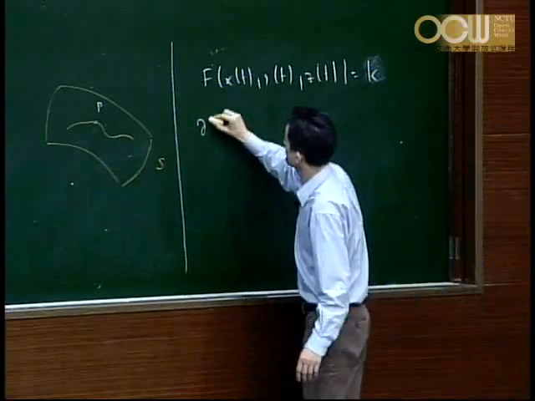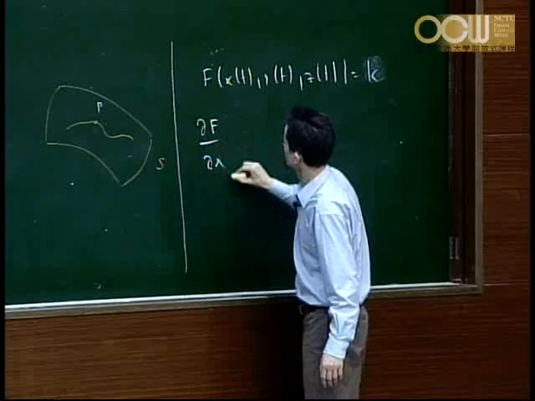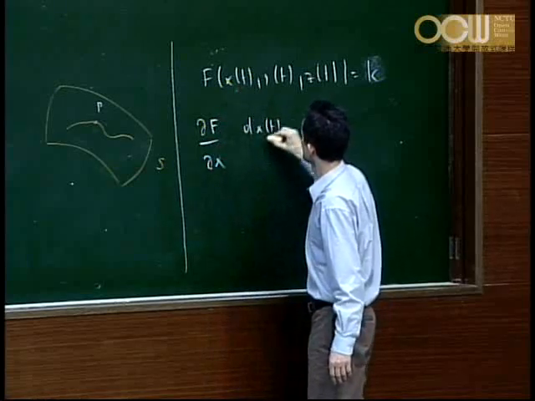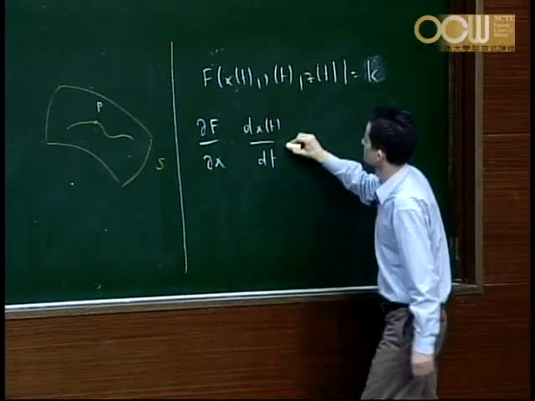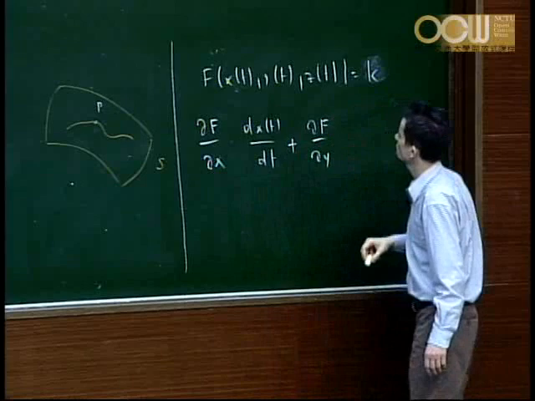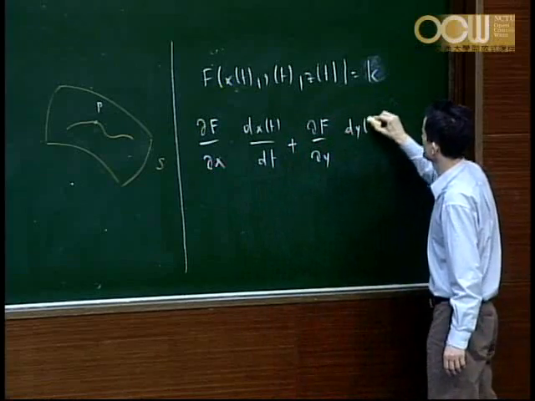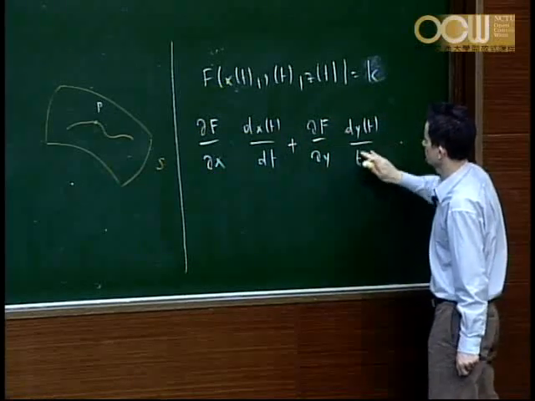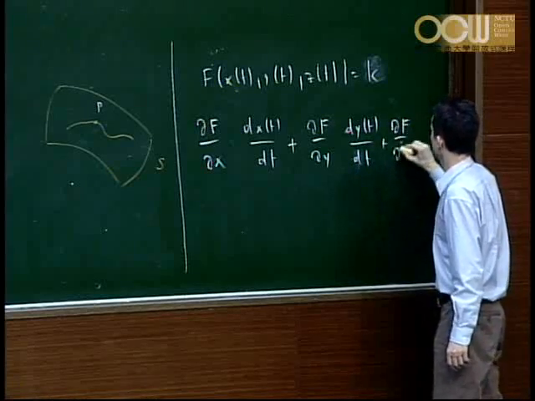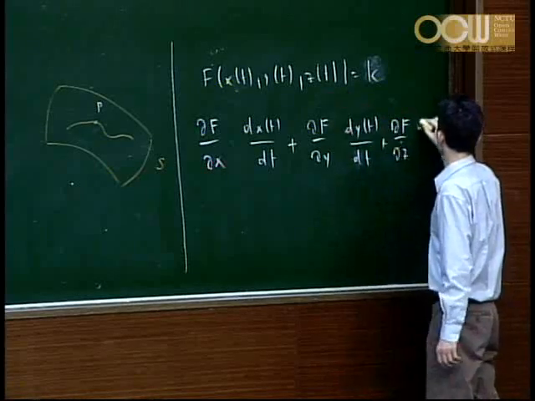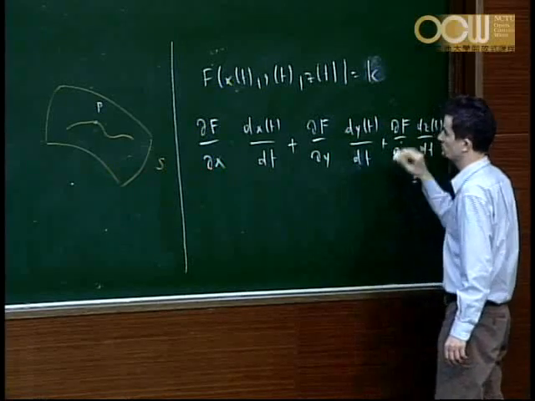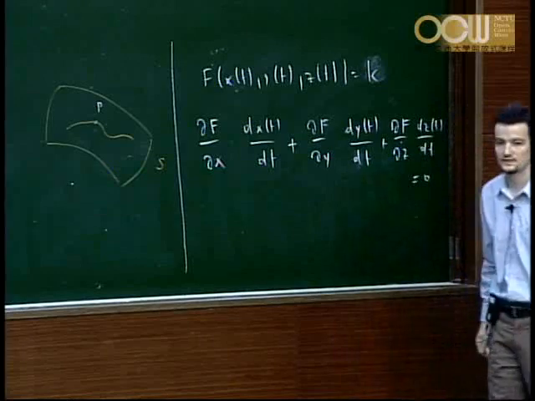So we have the partial derivative of f with respect to the first coordinate times the derivative of x(t), plus the partial derivative of f with respect to the second coordinate times the derivative of y(t), plus the partial derivative of f with respect to the last coordinate times the derivative of z(t) with respect to t, must be equal to 0, using implicit differentiation.